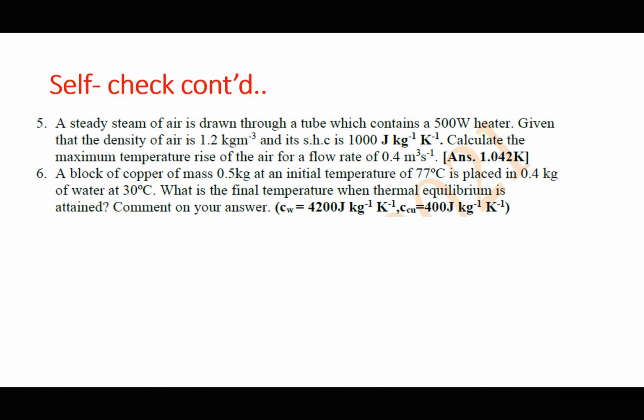A steady stream of air is drawn through a tube which contains a 500 watt heater. Given that the density of air is 1.2 kilograms per meter cubed and its specific heat capacity is 1000, calculate the maximum temperature rise of the air for a flow rate of 0.4 meters cubed per second.